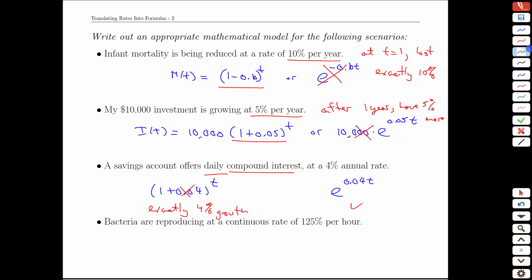But for those who have seen some finance stuff, there's actually a not horribly complicated, but a little messier formula, which is you take your 0.04, you divide it up into 365, oh my goodness, and then you have t over 365. This kind of thing gets complicated and silly really, really quickly. You can model this kind of interest that way, though.